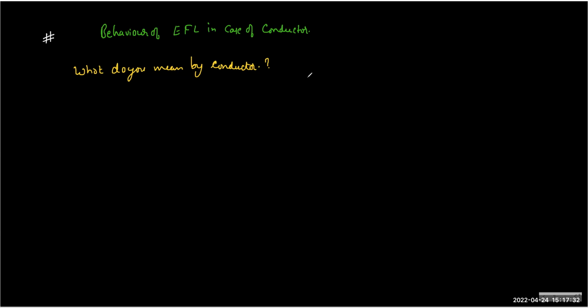So the question is, what do you mean by conductor? Where the electrons are free to move. Correct. So a conductor represents a medium in which we have free and mobile charge carriers, which may be electrons or ions.